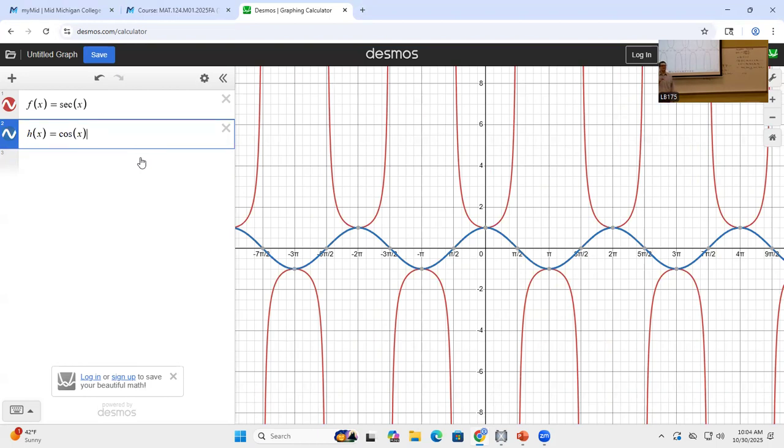If I take the reciprocal of any number between -1 and 1, it's going to be, in absolute value, bigger than 1. Does that make sense? Like if I took the reciprocal of 1/2, it's going to be 2. Or the reciprocal of -1/4, it's going to be -4. So the absolute value is going to be above 1.